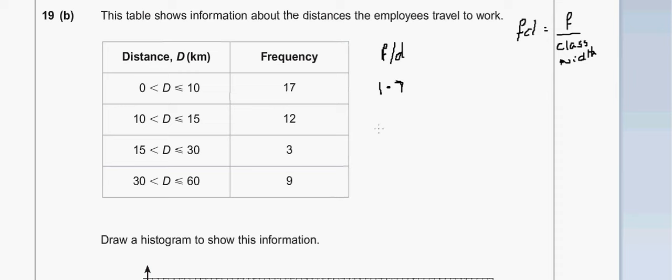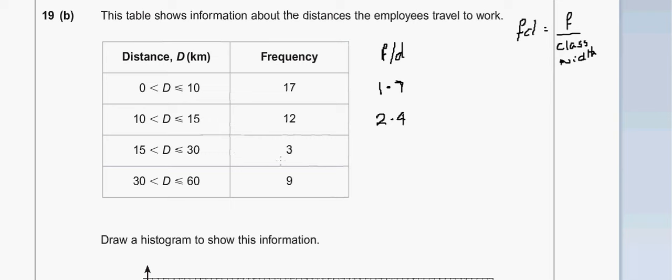Now here we have a class width of 5, so this will be 12 divided by 5, which I believe will give us 2.4. And then here we have 15 to 30, so a class width of 15.